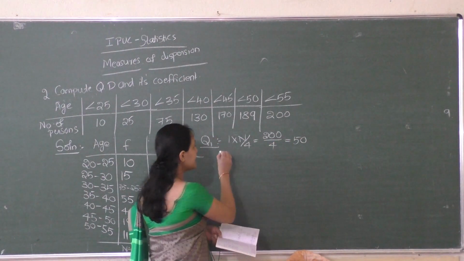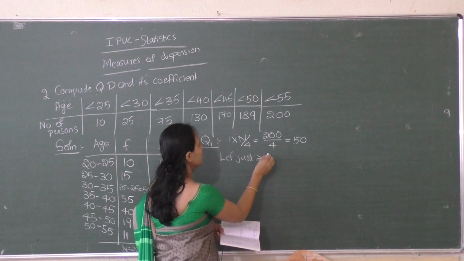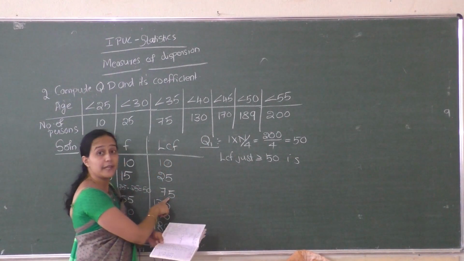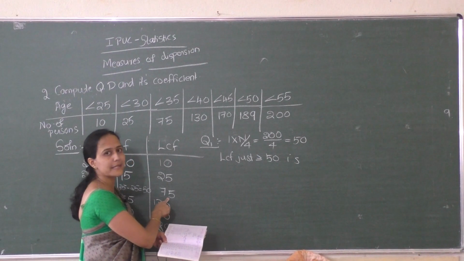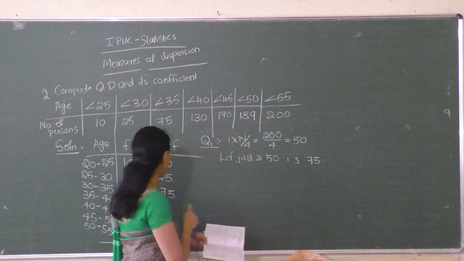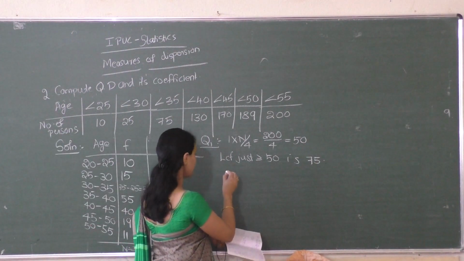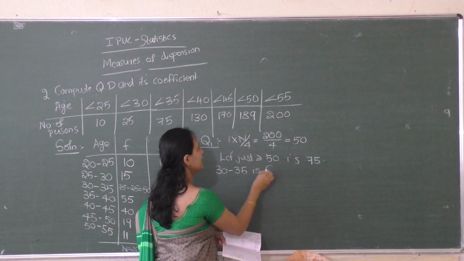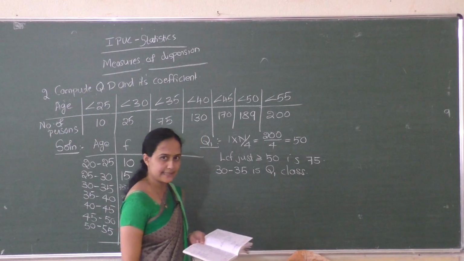The LCF just greater than or equal to 50: we have to see the less than cumulative frequency just greater than 50, which is 75. The corresponding class is the third class, 30 to 35. So 30 to 35 is our Q1 class.